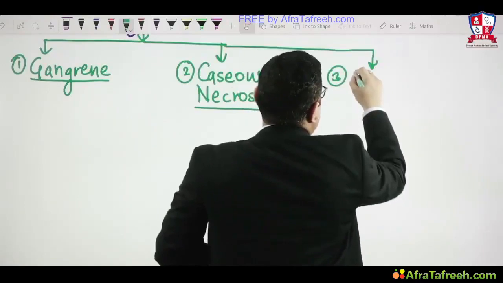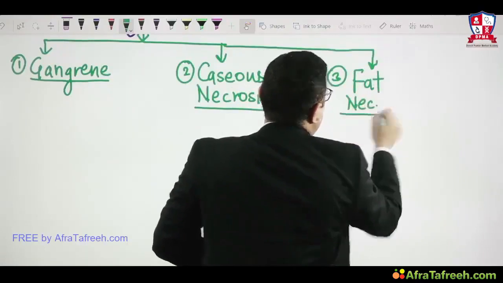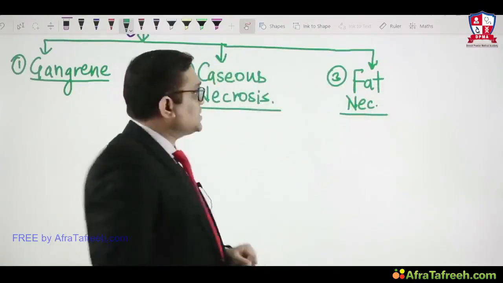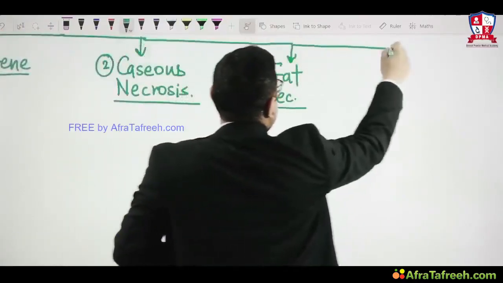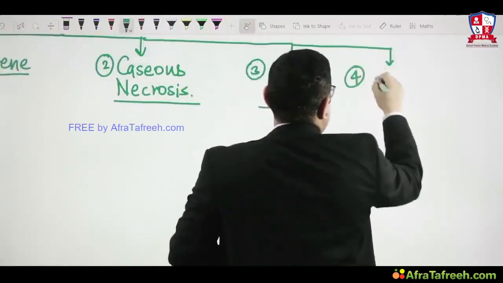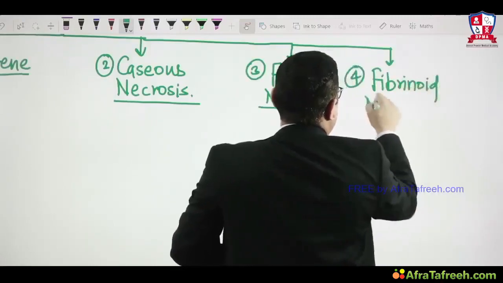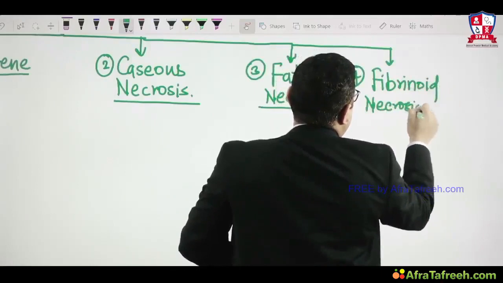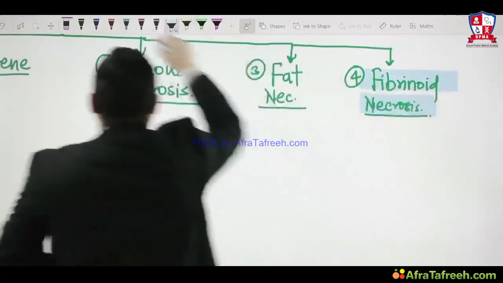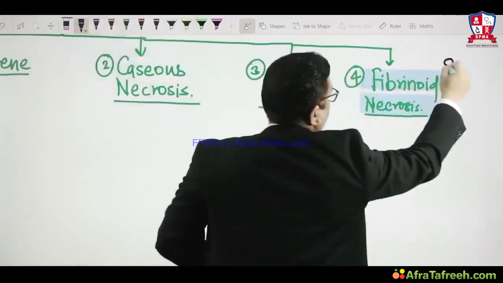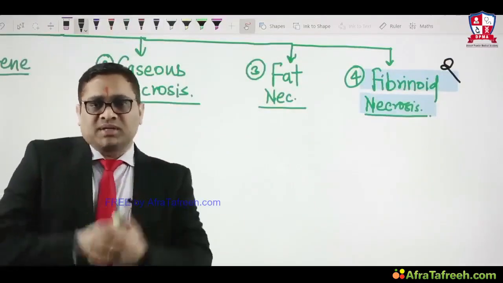Third one will be fat necrosis, and fourth one will be fibrinoid necrosis. Fibrinoid necrosis is very important because this was a question in the All India exam. So just keep that in mind. These are the four special patterns of necrosis I will briefly discuss with you.